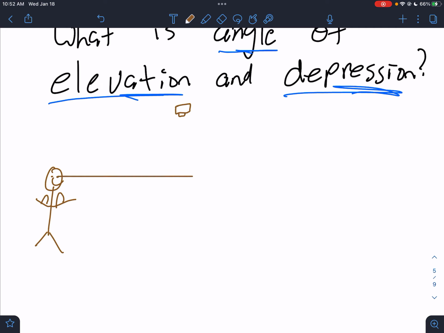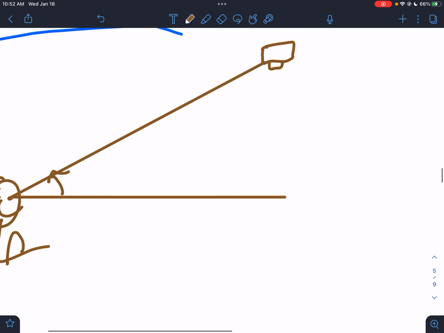So imagine a horizontal line coming straight out of my eyeballs. What do I have to do to look at that thing on the ceiling? I have to raise either my eyeballs or my head until I can see the object. So the angle above a horizontal line is called an angle of elevation. Got to have a horizontal line.